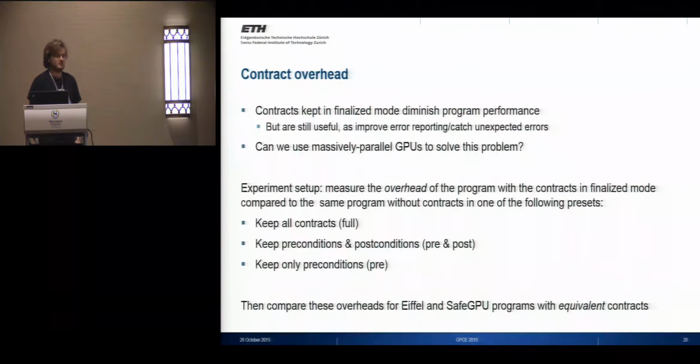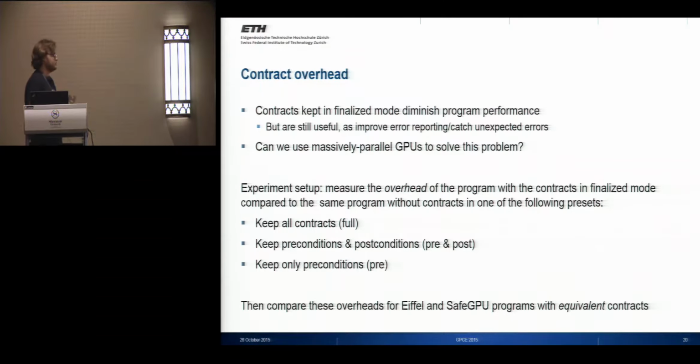I will not show code conciseness because this is a pretty simple metric, and it's better to discuss contract overhead, which is the most interesting part, I think. The problem with contracts is that they're great for debugging, but in finalized mode, they diminish program performance. And so they're usually turned off.